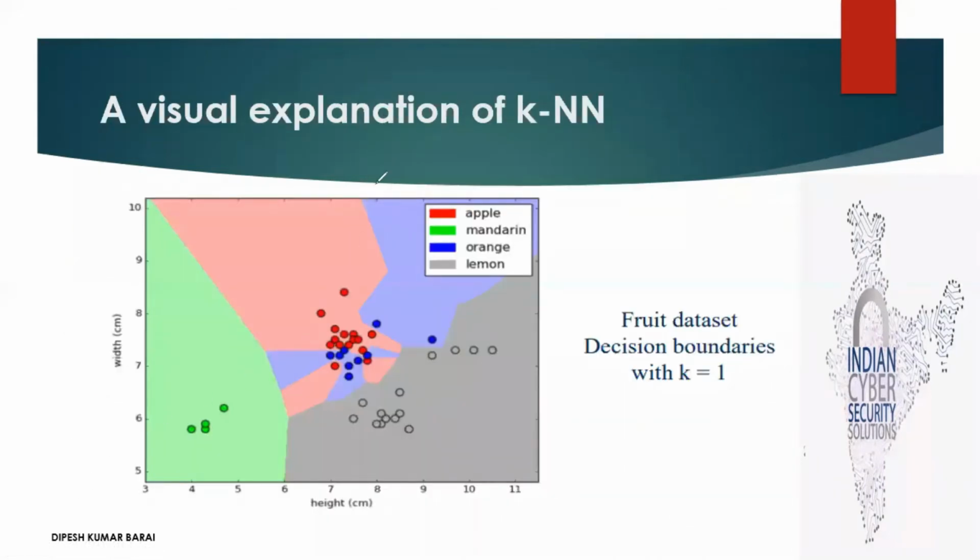If you look at this data carefully, suppose the new data point is here, then it will be predicted to be in the lemon category when the k value is 1. Now just think about the decision boundary. If you randomly put any new points over here and take the nearest data points, here it will be red and here it will be this one.